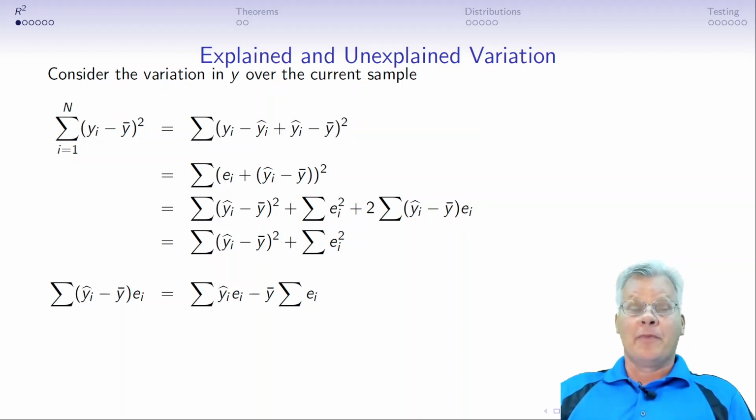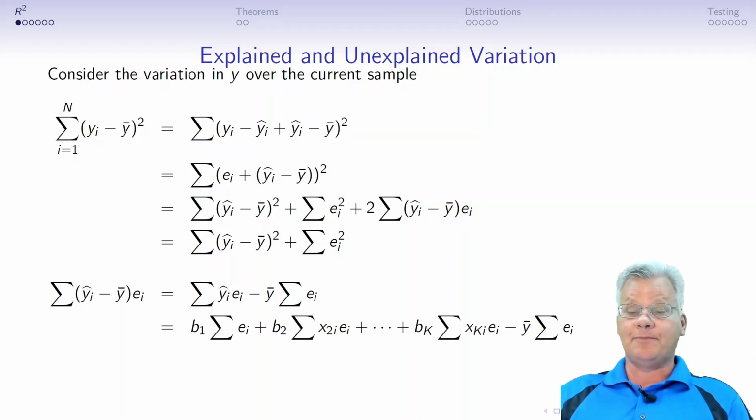That final term on the right, the sum of y hat i minus y bar times epsilon i, is equal to 0. To explain why, we'll isolate that term in the bottom equation and first break the parentheses on the left. So I get the sum of y hat i times the regression residual minus y bar times the sum of the regression residual.